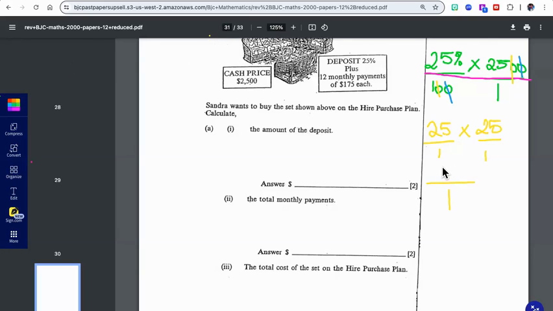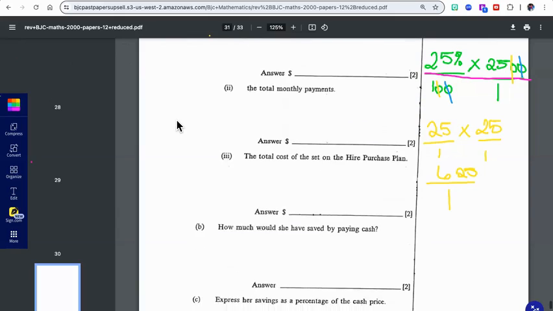So 625 we have. And 625 divided by 1 is just 625. So the amount of the deposit here is 625.